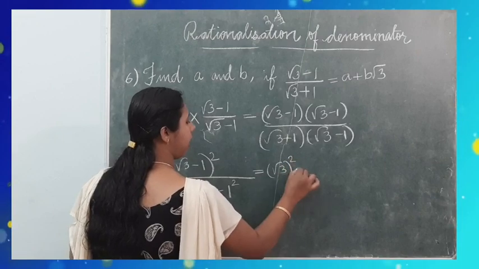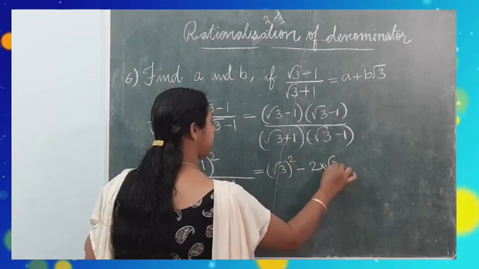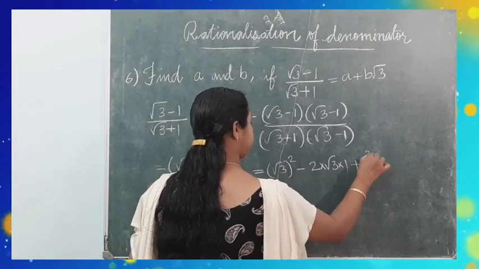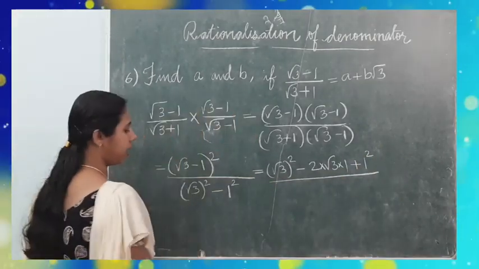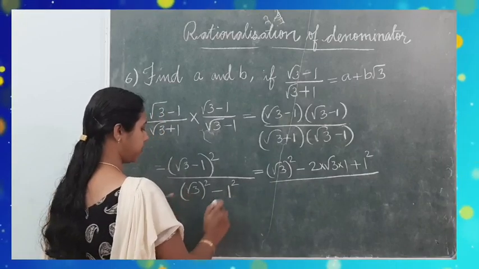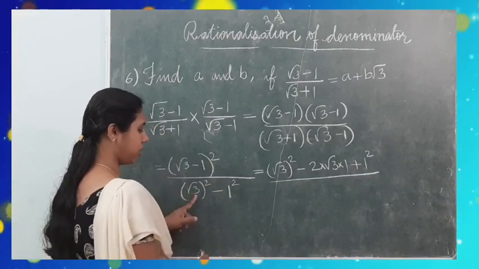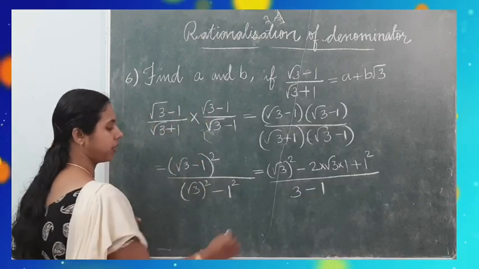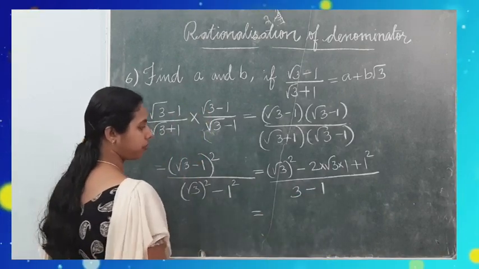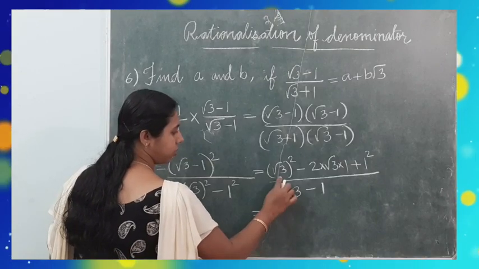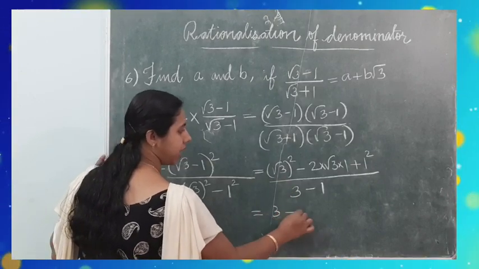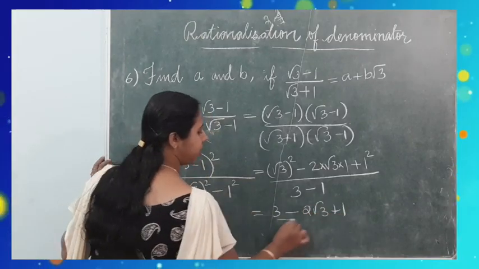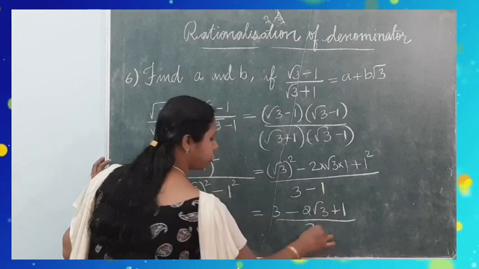square minus 2ab plus b square all divided by a square minus b square, that is a square, root 3 whole square, that is 3 minus 1, which is equal to root 3 whole square is 3 minus 2 root 3 plus 1 divided by 3 minus 1, 2.